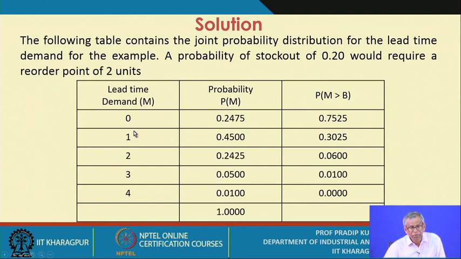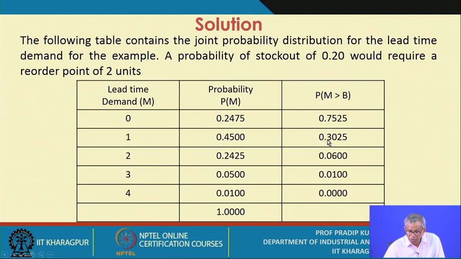But there is a probability that there could be demand greater than 0, so either 1 or 2 or 3 or 4. So what is that probability? Obviously 1 minus 0.2475, that is 0.7525. Now from 0.7525, if you subtract 0.4500, you get a value of 0.3025. That means when the lead time demand is greater than 1, the probability is 0.3025.